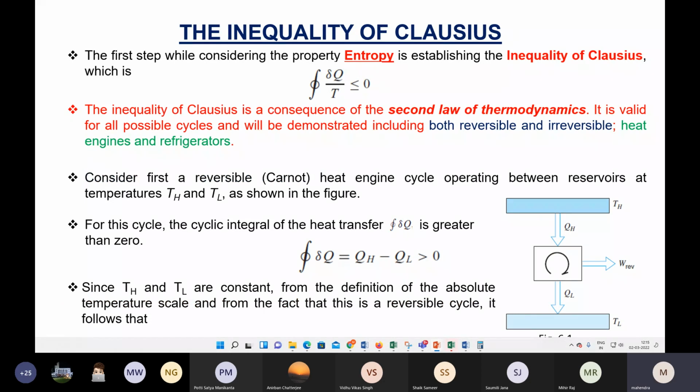Here we have defined the ratio of dQ to T, dQ by T. This particular parameter we have defined mathematically as entropy. We don't have a definition for this like we do for specific heat.